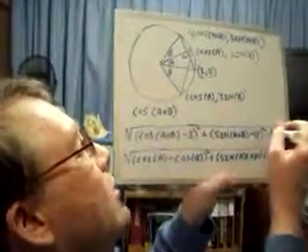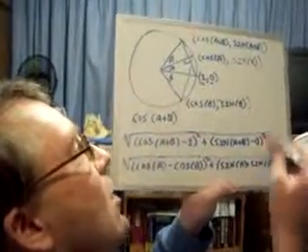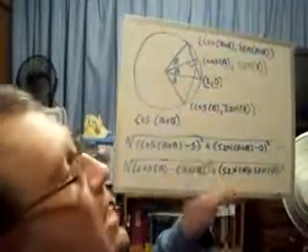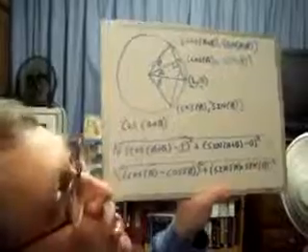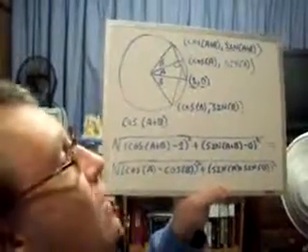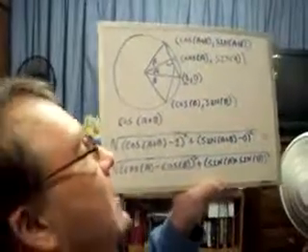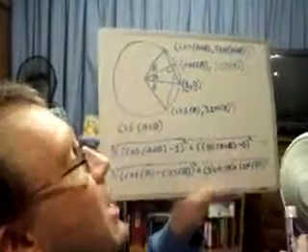So this equation here equals this equation here because this line right here is the same length as this line down here. I know that doesn't look like that in the picture, but that's what it really is if you were doing this the way you're supposed to. And that's how you get the cosine of A plus B.